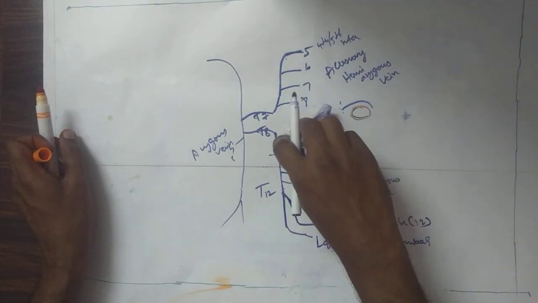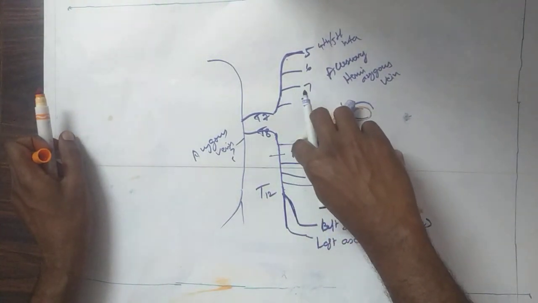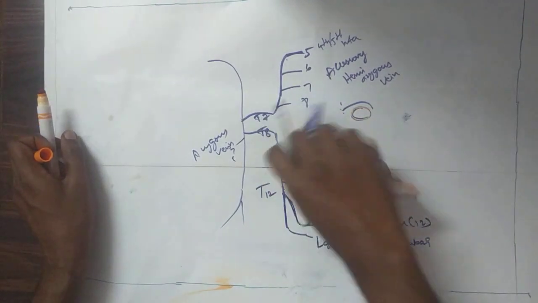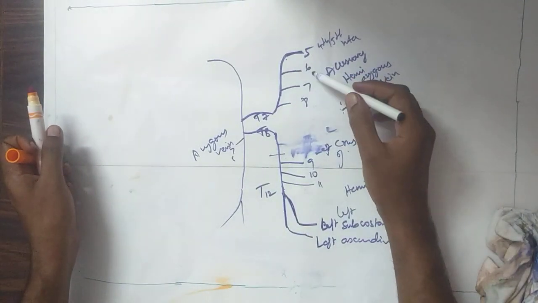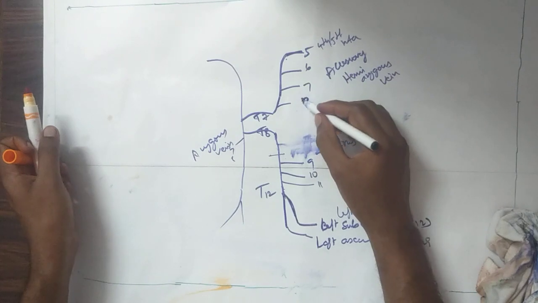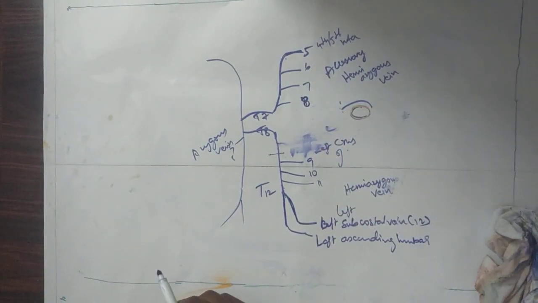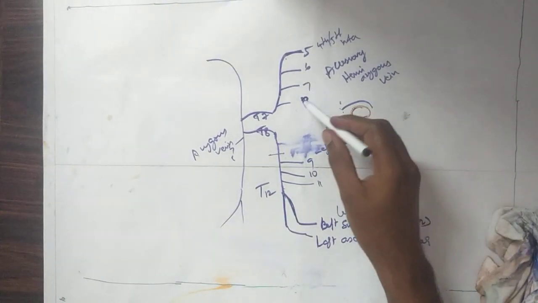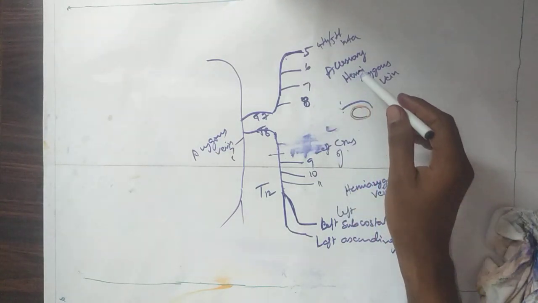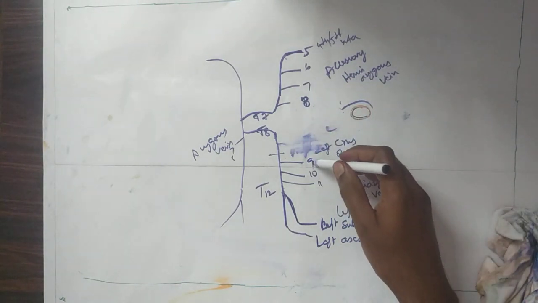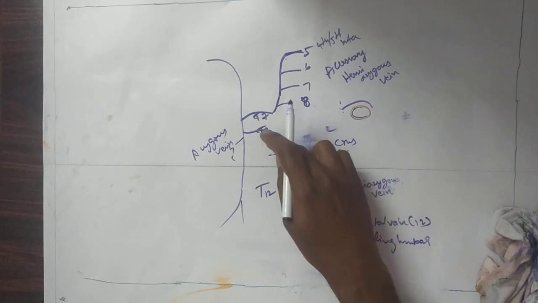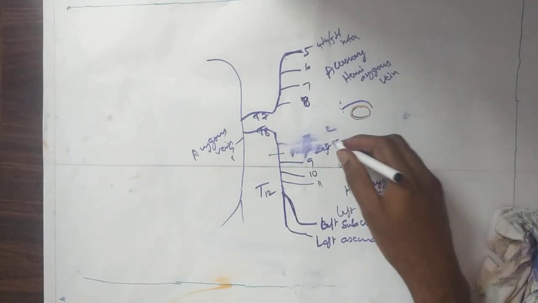So 8th is draining into your accessory hemiazygos. So 5, 6, 7, 8 posterior intercostal veins of the left are draining into your accessory hemiazygos vein, whereas the 9th, 10th, 11th they are draining into your hemiazygos vein.